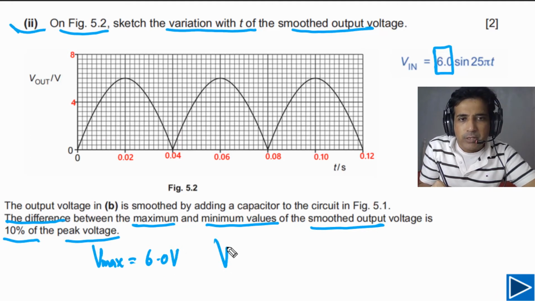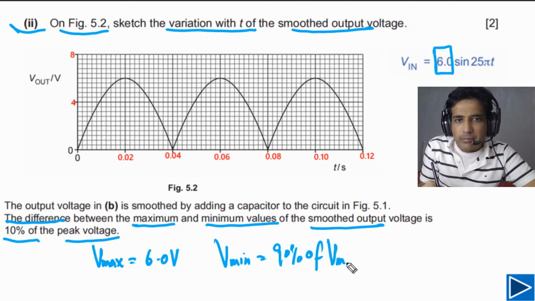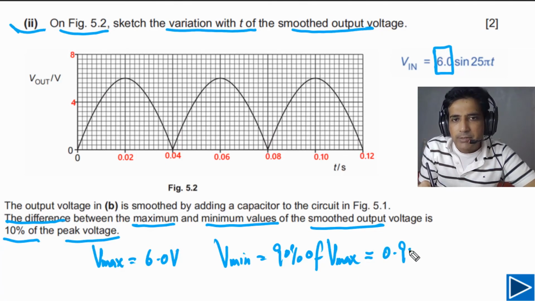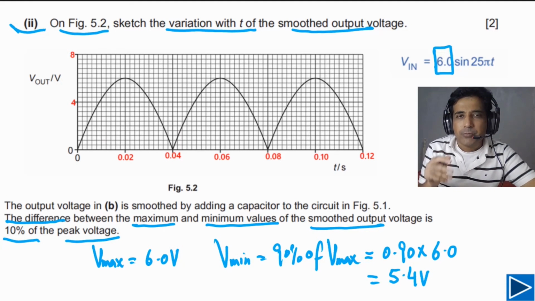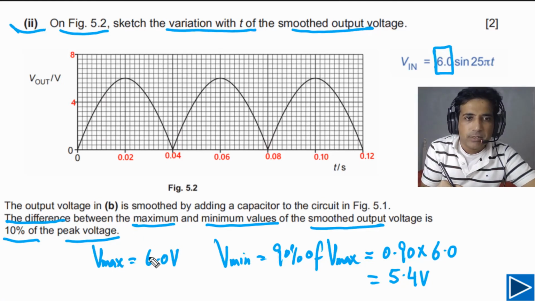So the V minimum has to be equal to 90% of the peak voltage, 90% of V max. Or simply we can say 0.90 multiplied by 6.0, and this will be equal to 5.4 volts. So this is the minimum value of the voltage across the load resistor, and this one is the maximum value.